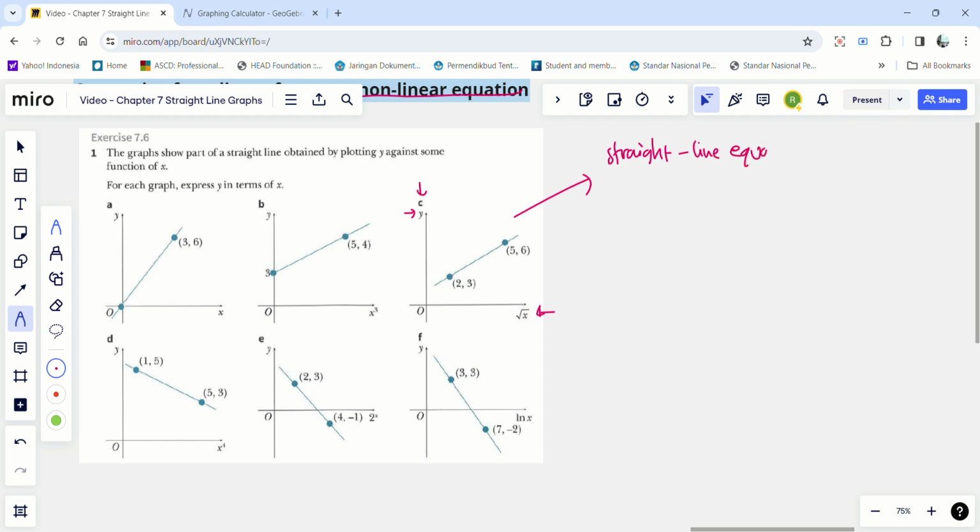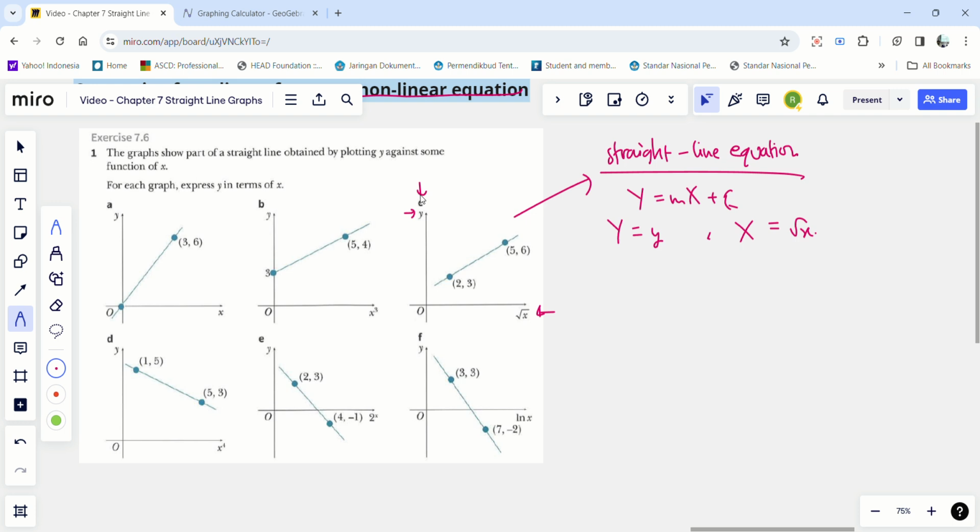The straight line equation is between y and square root of x. It's easier, in my opinion, to put it as Y = mX + c, with the new variables capital Y and capital X. In this case, capital Y is still y, but capital X is the square root of x. So you have to be careful.